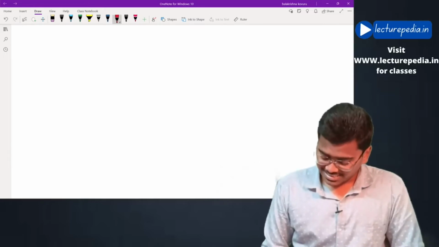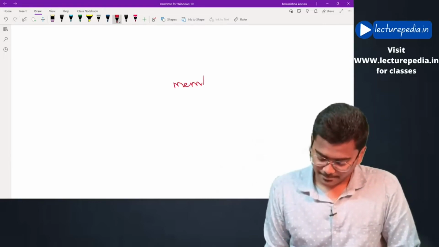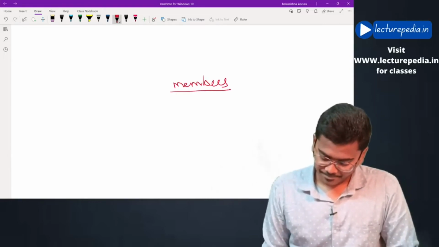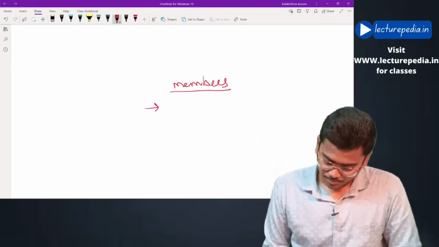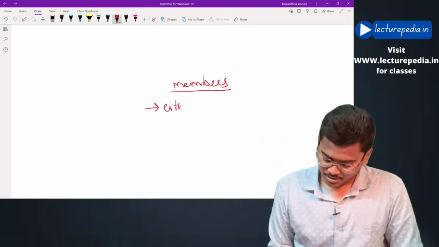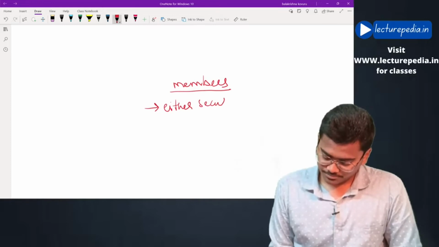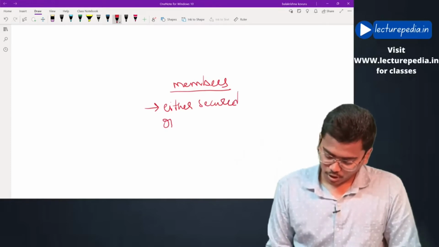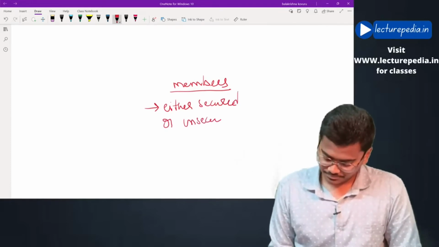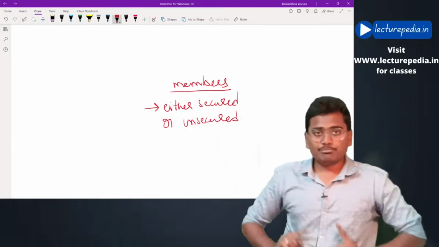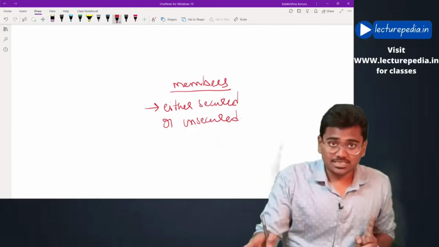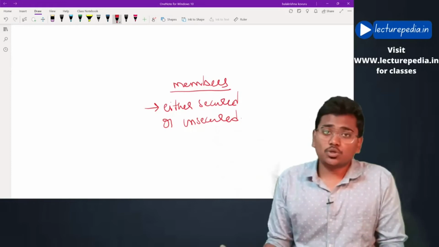Generally, if the company raises deposits from members, then those deposits can be either secured or unsecured. If the company is raising deposits from members, it can raise unsecured deposits also.